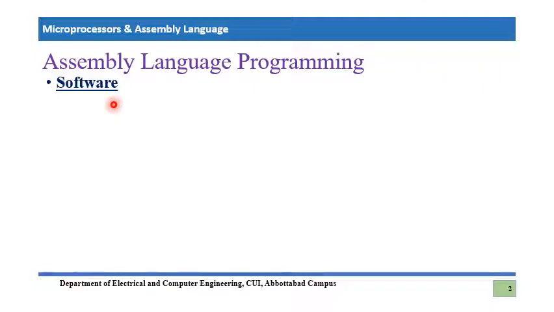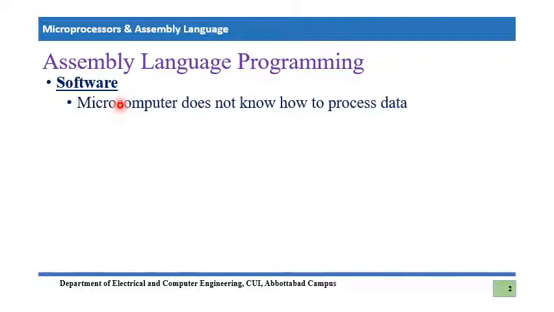Okay, before we enter into assembly language programming and see how a programmer performs different instructions and sets of commands in assembly language programming, we need to be familiar with certain terms. The very first term we are going to discuss is software.